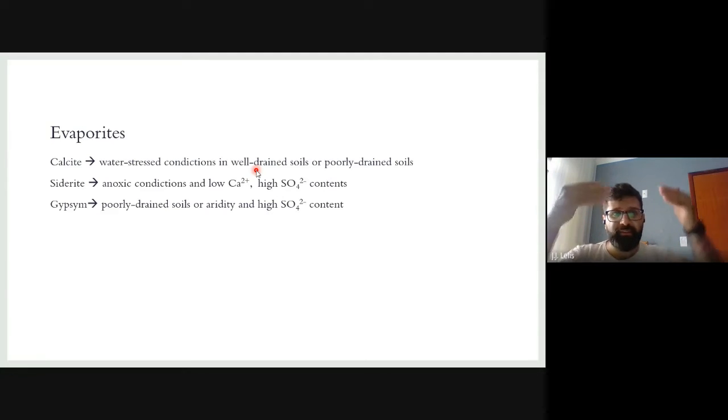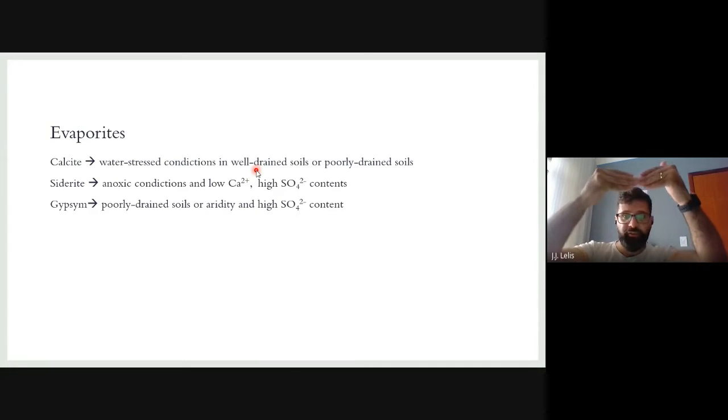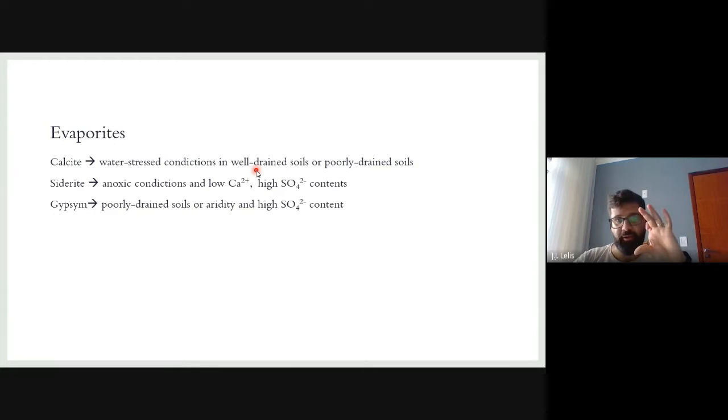Because we need water to migrate from the surface to the subsurface, or from the subsurface to the surface, to concentrate calcium. If we can easily migrate water in these areas, maybe we can't concentrate calcium and we can't form calcium carbonate.